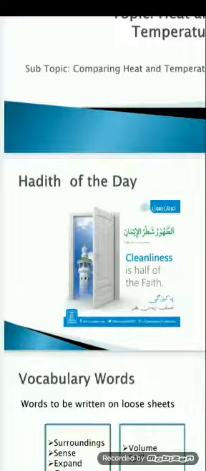Spiritual cleanliness means that our hearts should be free from sins, arrogance, greed, and hypocrisy. So not just physical cleanliness is important, but spiritual cleanliness is also as important as physical cleanliness.